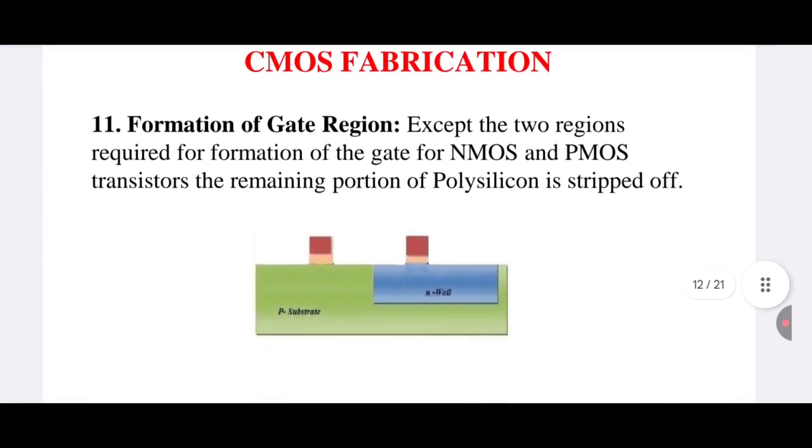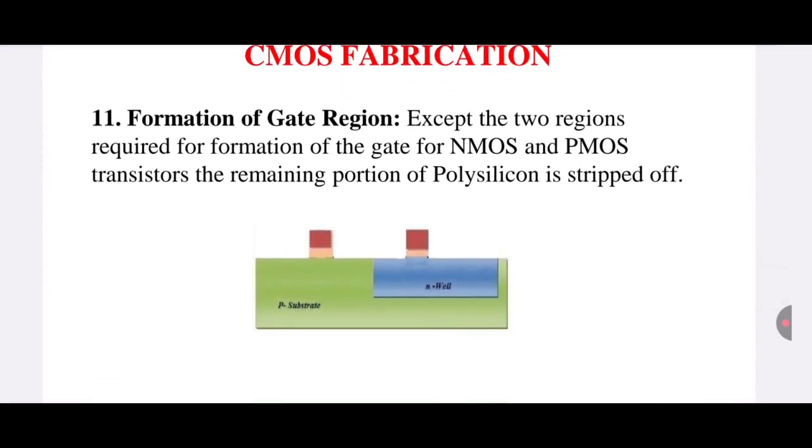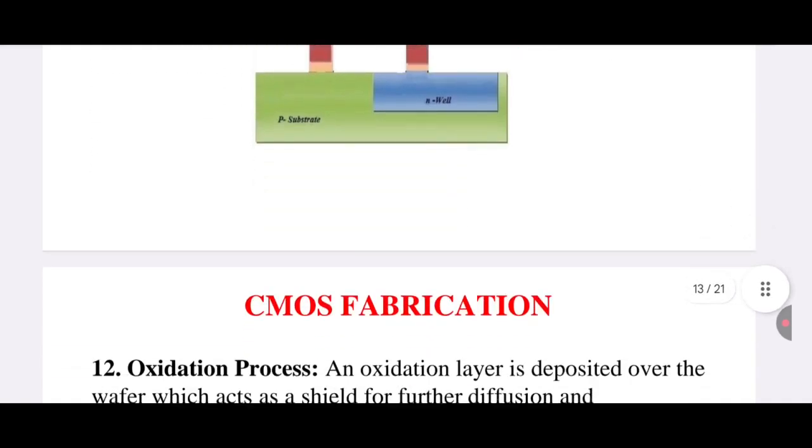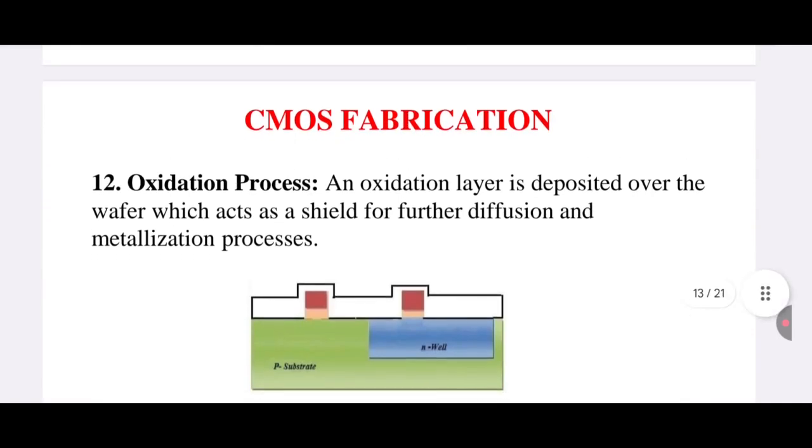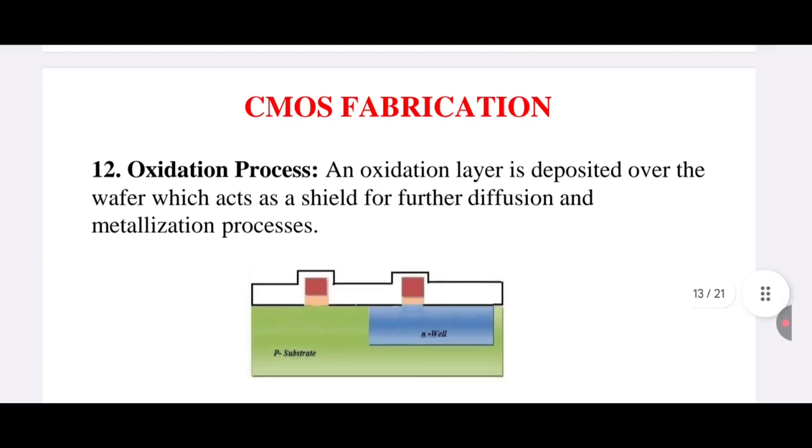And then we are going to remove the extra polysilicon which is present all over the surface, other than the gate regions where we require gate terminals. Then we will carry out the oxidation process once more, where we deposit silicon dioxide all over the surface for better protection.